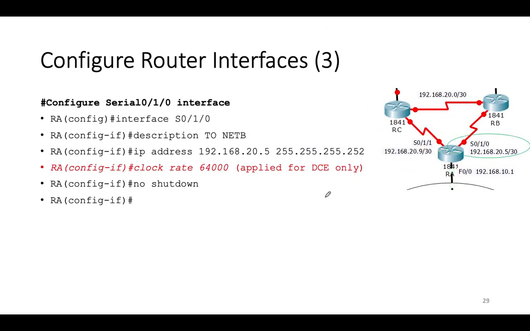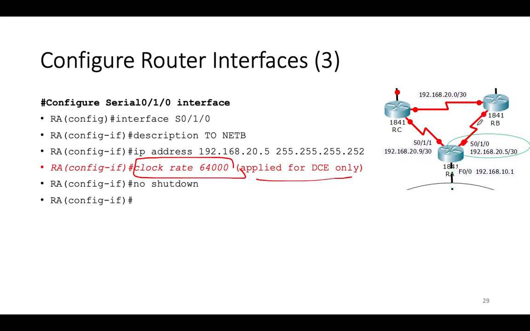The same concept over here. One thing I just want to show you is the clock rate. As you can see here, by the way, there is no clock in here. In Packet Tracer there are two types of link like that, one with a clock and one without a clock. What is that exactly? It applies to the DCE connection.